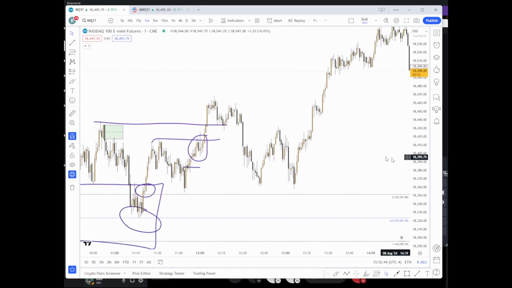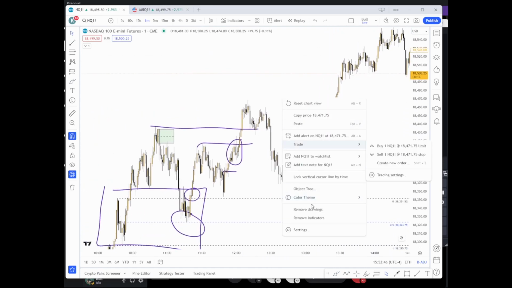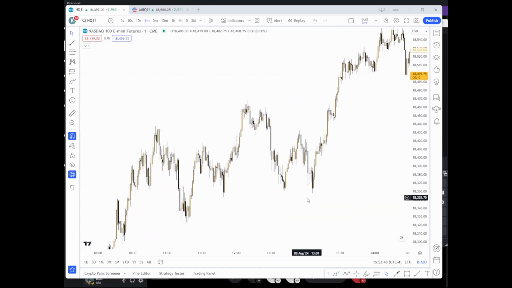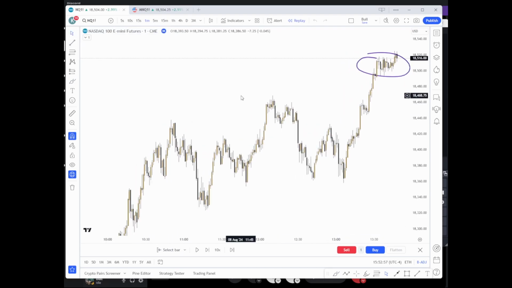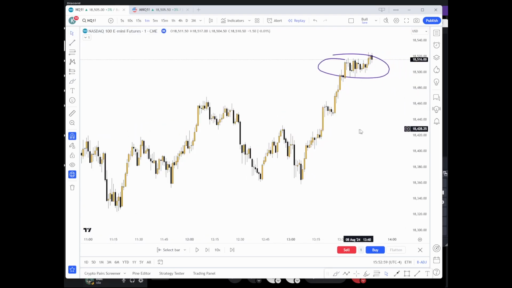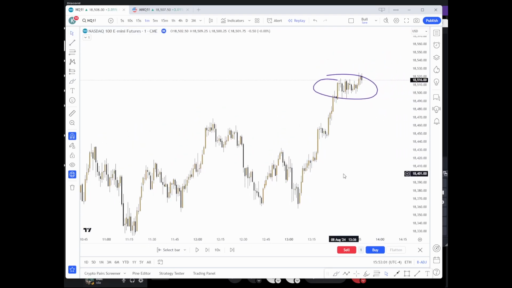So if we continue on, we get rid of all this, and we're looking at, okay, we're now here. Where do you think the big area of interest is? Is it this candle that did nothing?